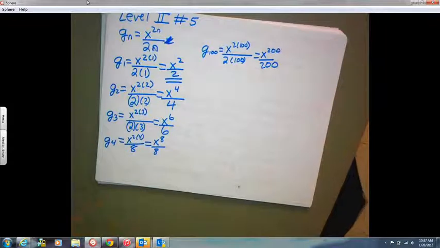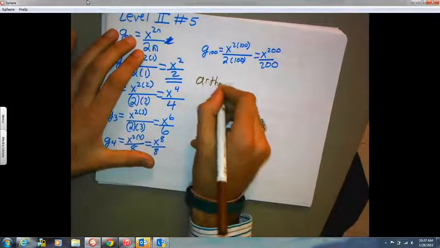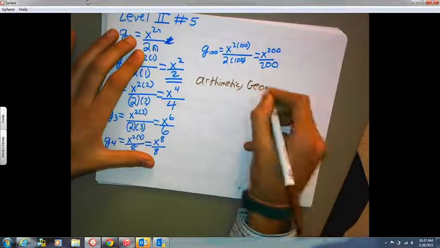Okay, and again, once you get all the terms, then your job is, no need to shout it out, but you've got to see which type of sequence do we have here.